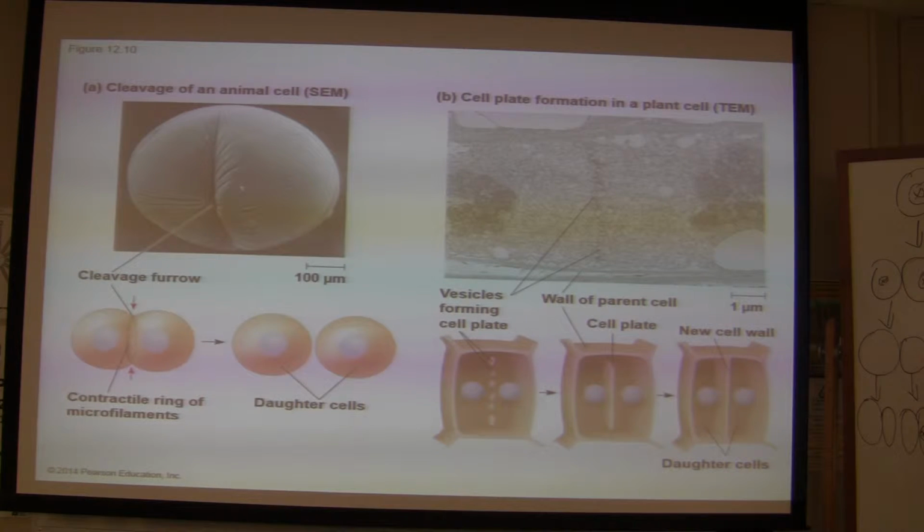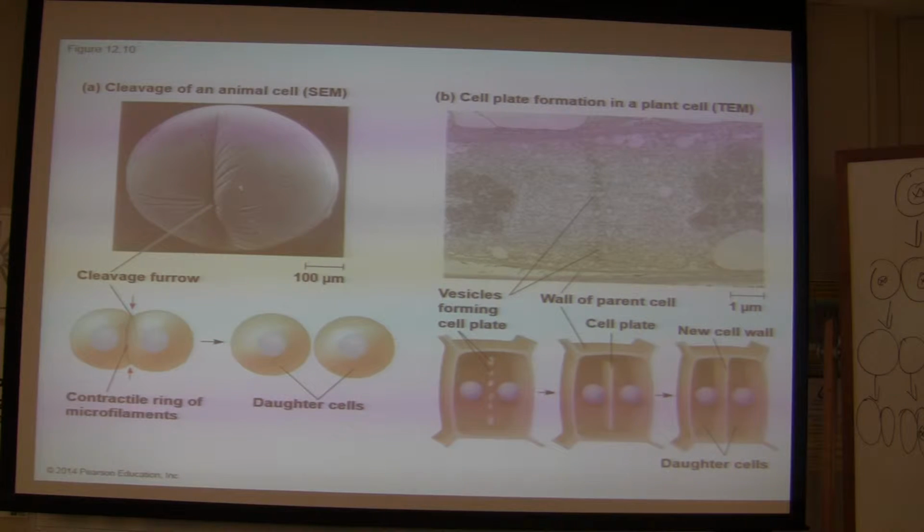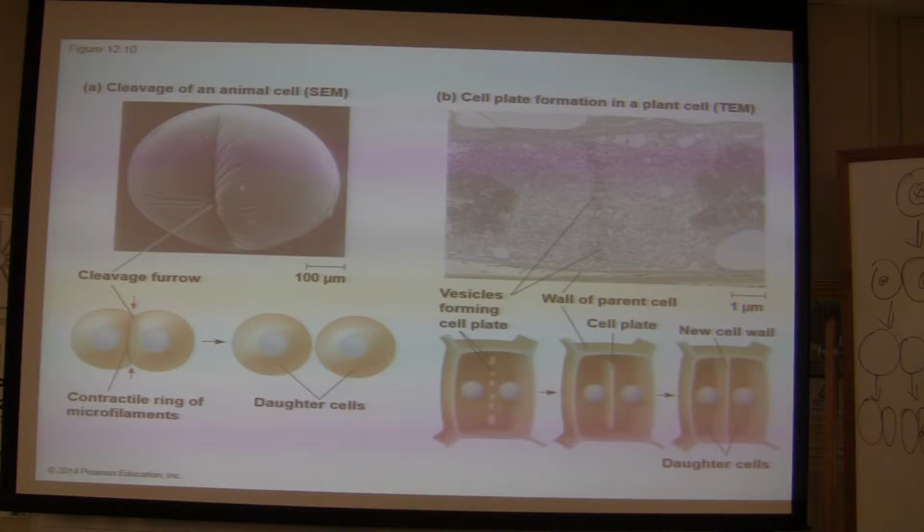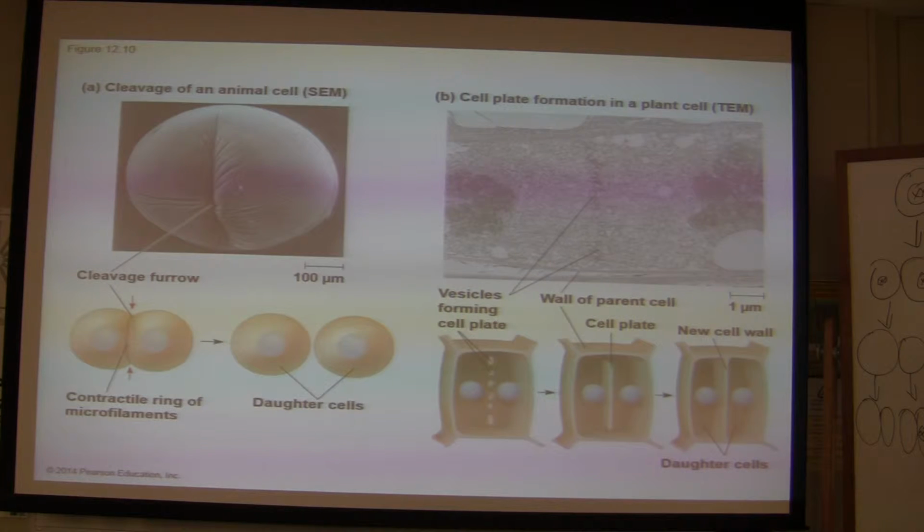They undergo cleavage furrow. So on your microscope slides, whenever you see a cleavage furrow, it is telophase. If you don't see it, it's not telophase, it is anaphase. You see chromosomes on this side and on this side, but do you see a cleavage furrow?